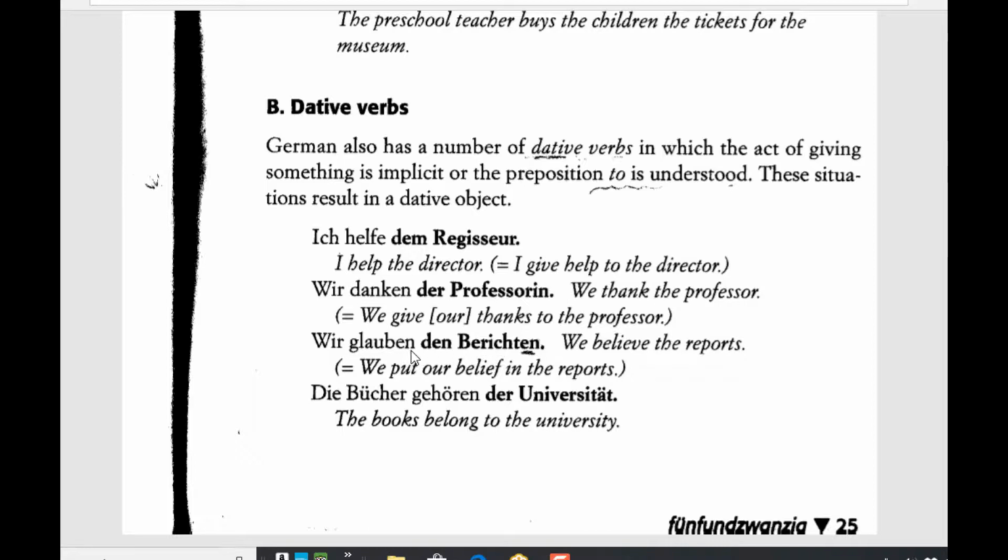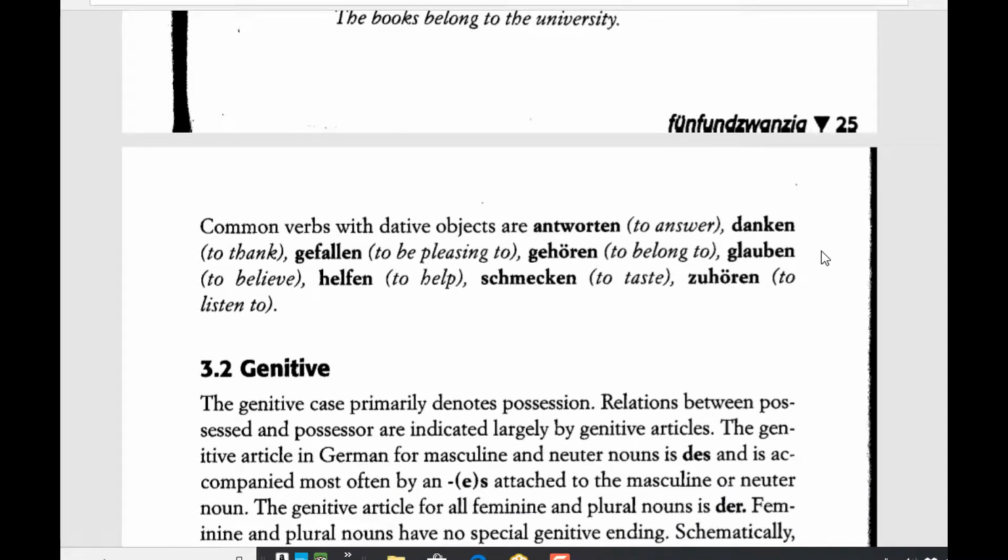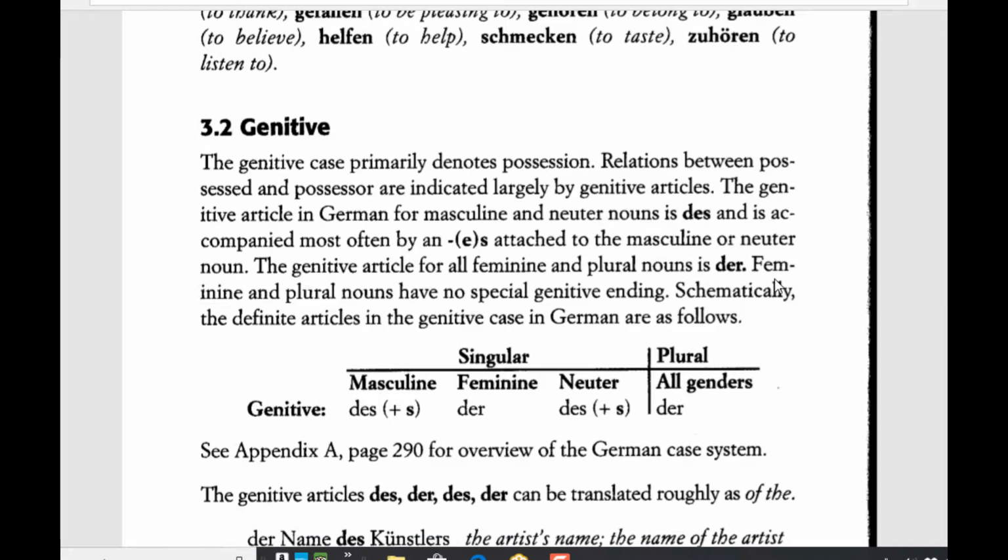Again, glauben always takes the dative, and also to belong to, which intuitively also takes the dative. It's pretty easy to think of that, to belong to something. Okay, nicely done. And then additional words that take the dative objects: to answer to someone, to thank someone for something.